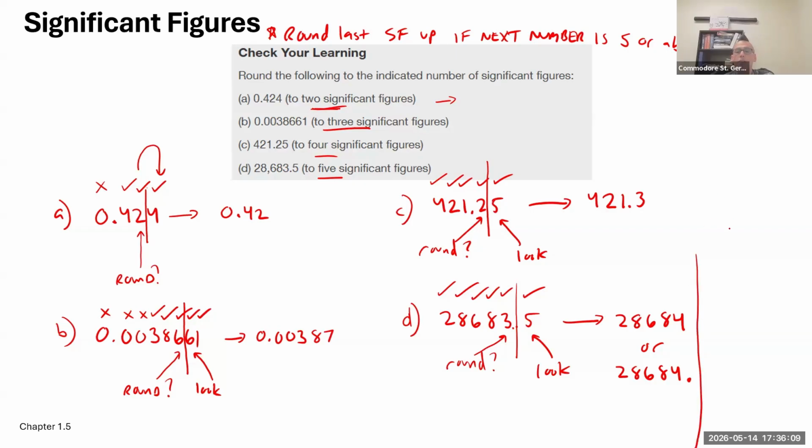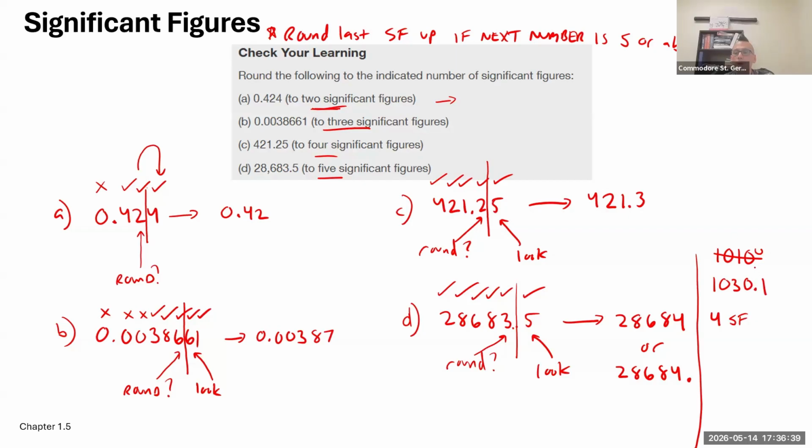Now, you might have to put a decimal. Let's say we wanted this value, 1030.1, right? And we wanted 4 sig figs.